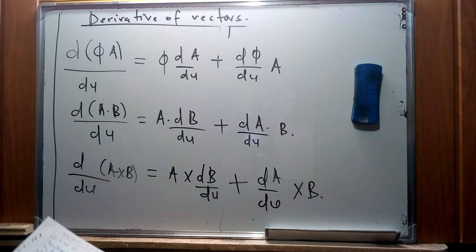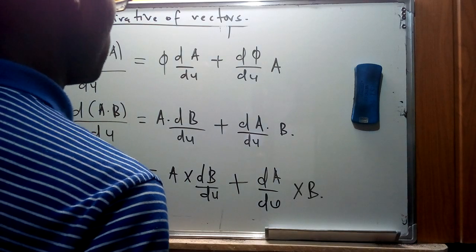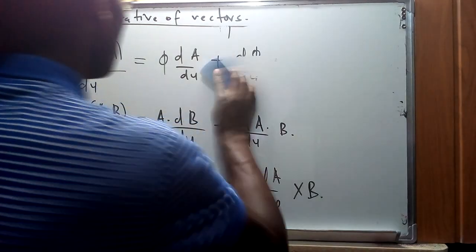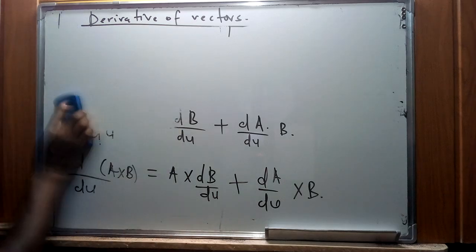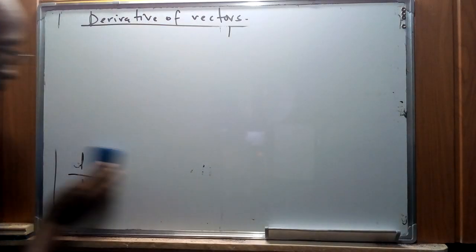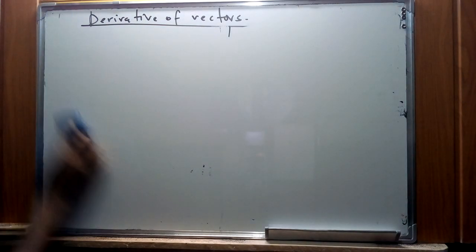And I hope that we're going to remember that, so we can proceed and give our example so that we can see how to perform a calculation for the derivative of vectors.